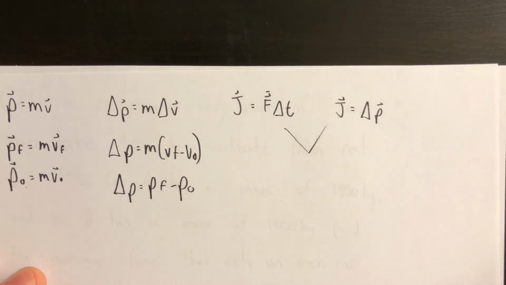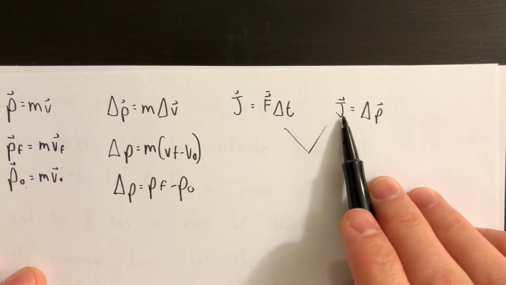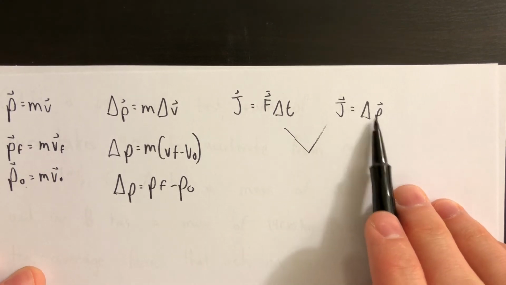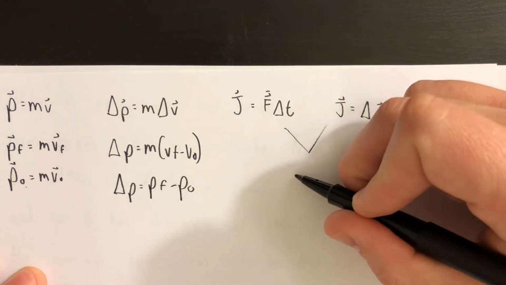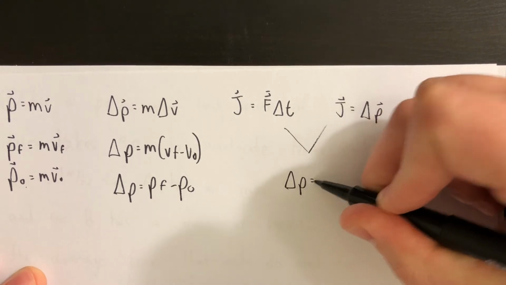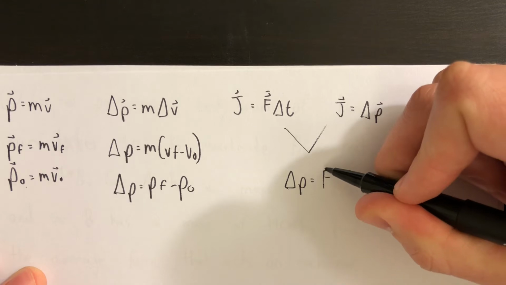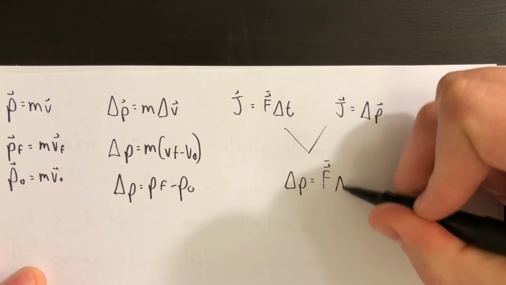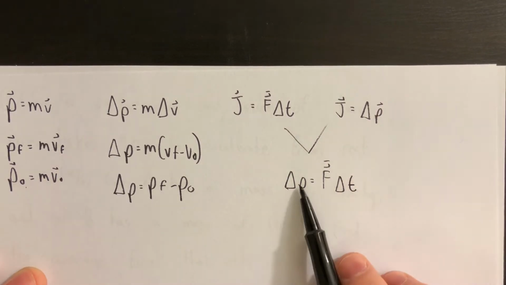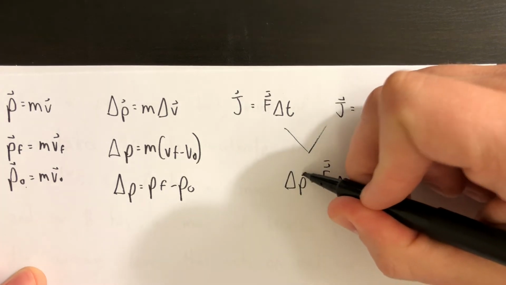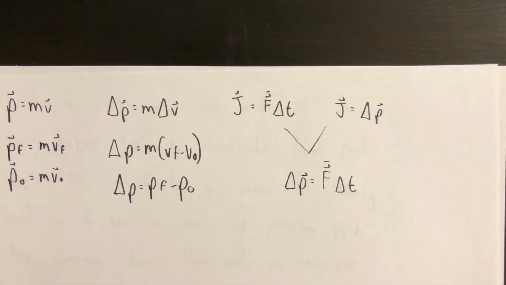So if I combine these 2, the fact that impulse is the same as delta P, I can replace this with delta P. So delta P is also F times delta T. Notice I dropped the arrow here. It's okay to drop your arrows on top of the letter. It's just a little reminder that sometimes that number is negative.